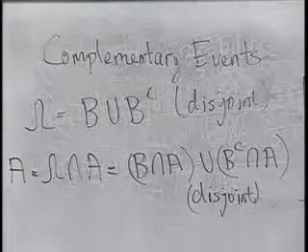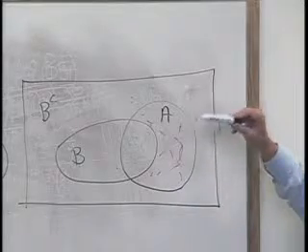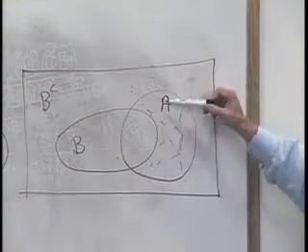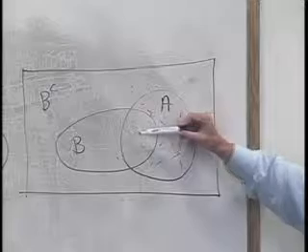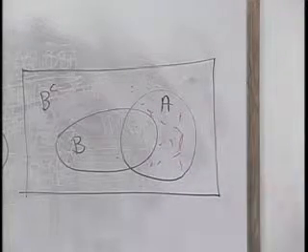And if you look at the Venn diagram, it proves nothing, but it's oh so helpful. What this is saying is that the event A is the disjoint union of two parts, A intersect B here and A intersect B complement here.